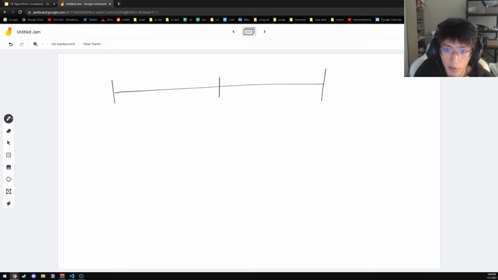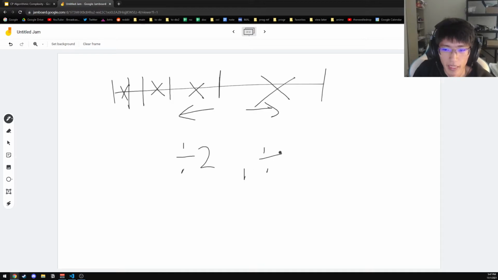Well, you can check the middle and see if the number you're looking for is less than or greater than it. And then if this is too big, then you can eliminate half of it, and then you check the half again, and you can keep on eliminating the range that you're searching within by half. And so you keep on dividing by 2 every time, and so that leads to logarithmic time complexity. To be more specific, log base 2 or something.